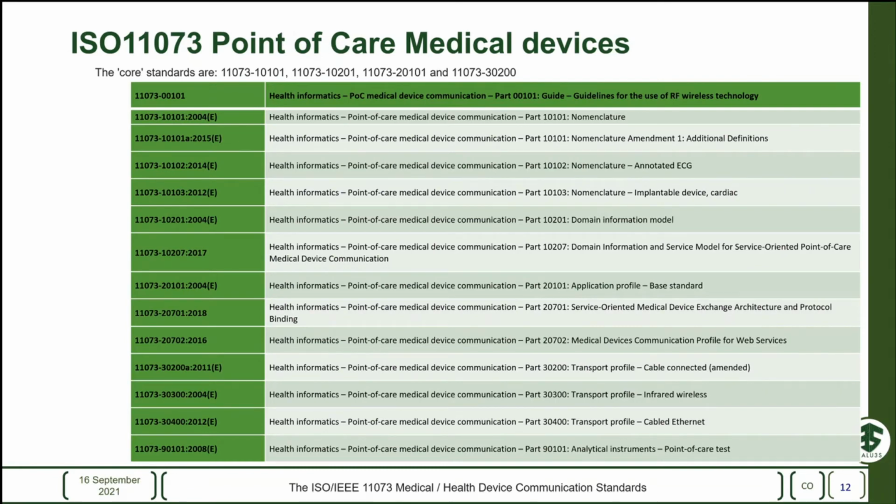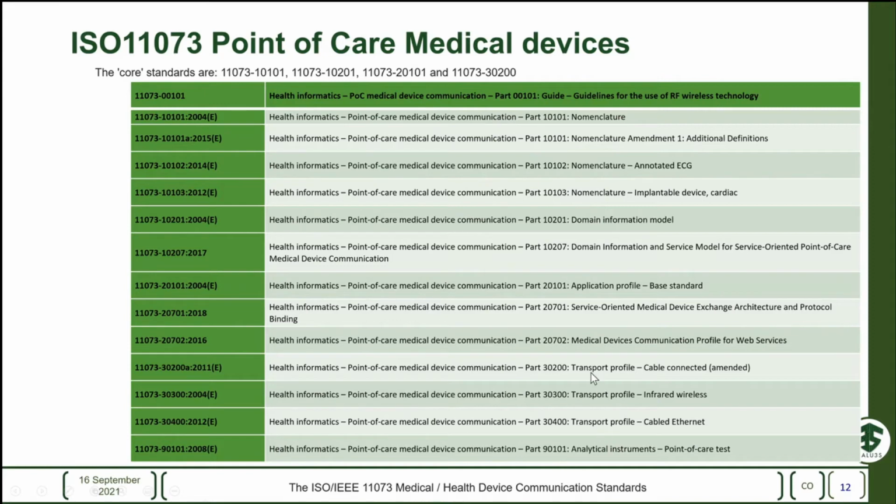Here is only a subset of the standards that are related. I will not go through them, but each of them has a different role. In my opinion, the most important ones would be those related with the domain information model, particularly for other domains, but it is interesting how the information is organized, and also the nomenclature that is used in order to categorize each device and each particular vital sign.